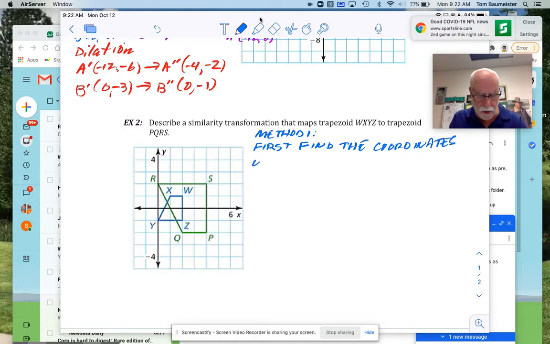So we'll get that W is at (2, 1). That X is at (1, 1). Y is at (0, -1). And Z is at (2, -1).